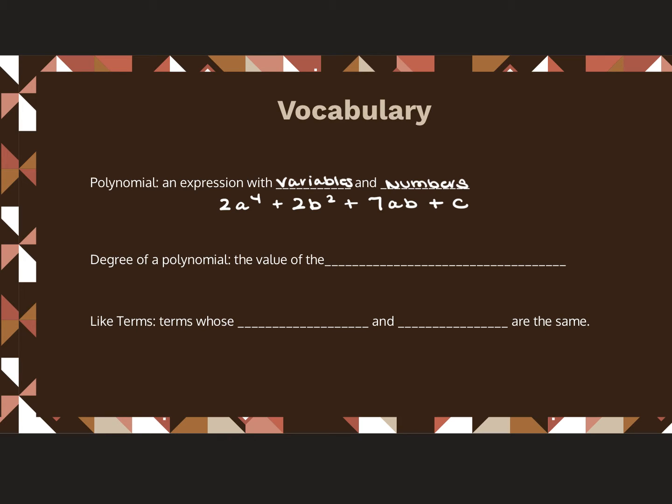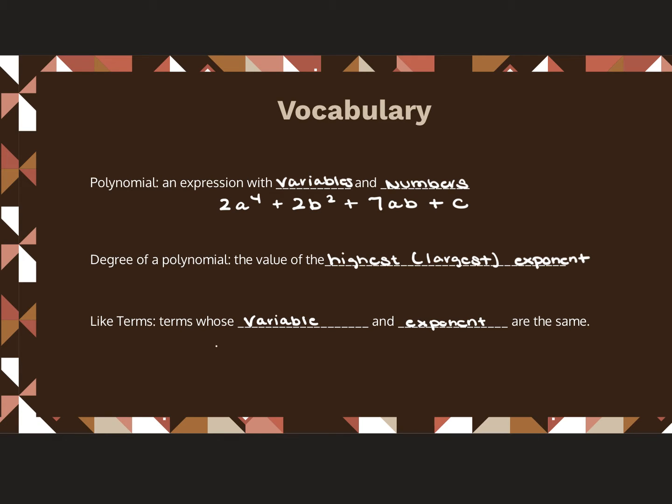The degree of a polynomial is the value of the highest, or we can say largest, either one, exponent. And like terms have the same variable and exponent.